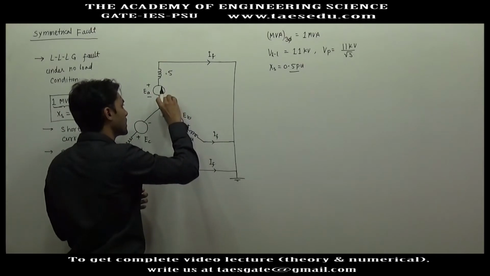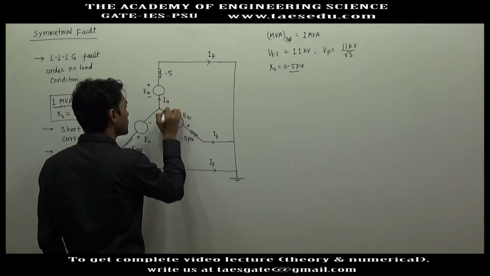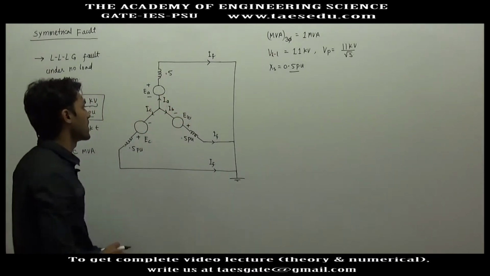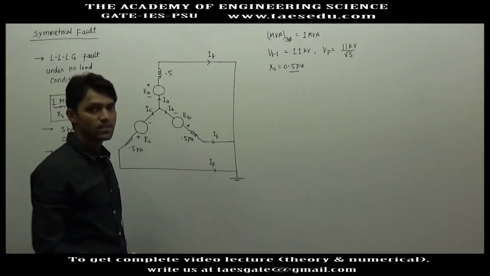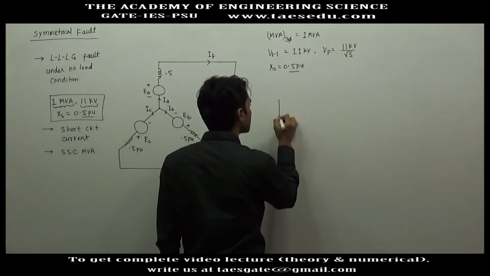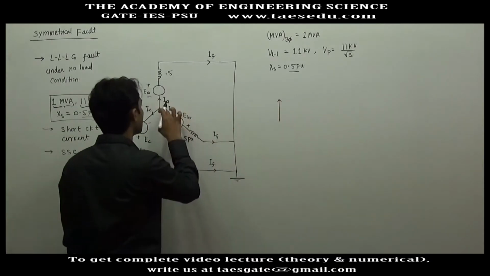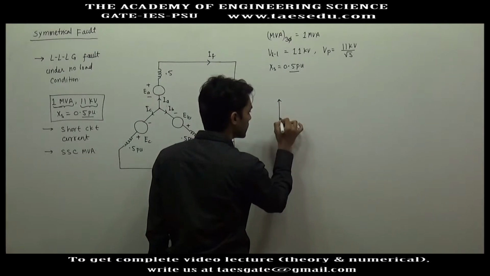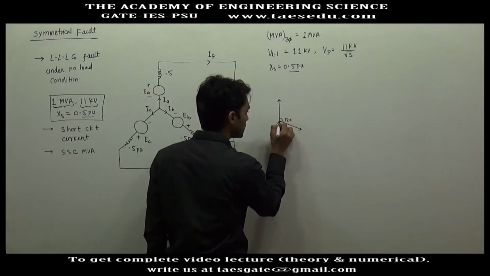Although this is fault current, I will name it as IA, IB and IC. And since these currents are balanced, the magnitude of these currents will be the same. Let's say this is IA, and if we draw the phasor diagram, the phase difference between IA and IB will be 120 degree, and again IC will lag IB by 120 degree.